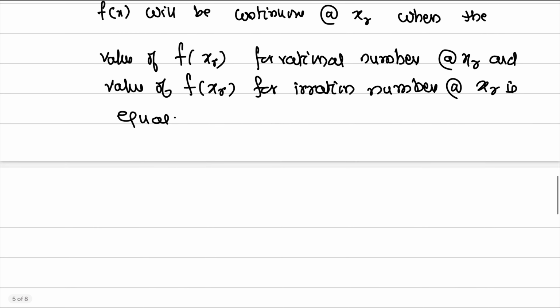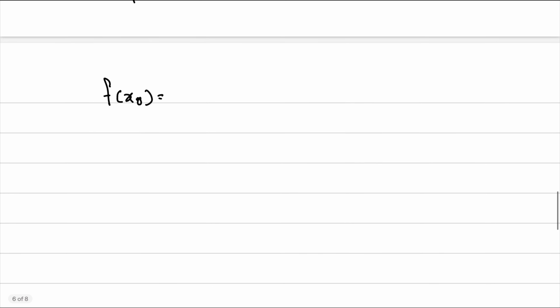That means, what is function f(xr) for rational numbers? That is equal to a xr whole cube by 3 plus xr whole square by 2 plus xr.